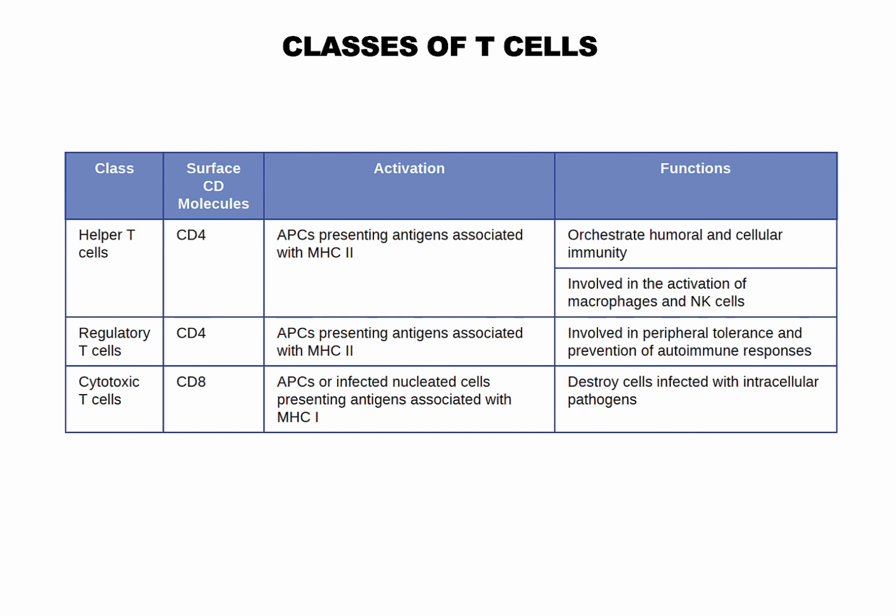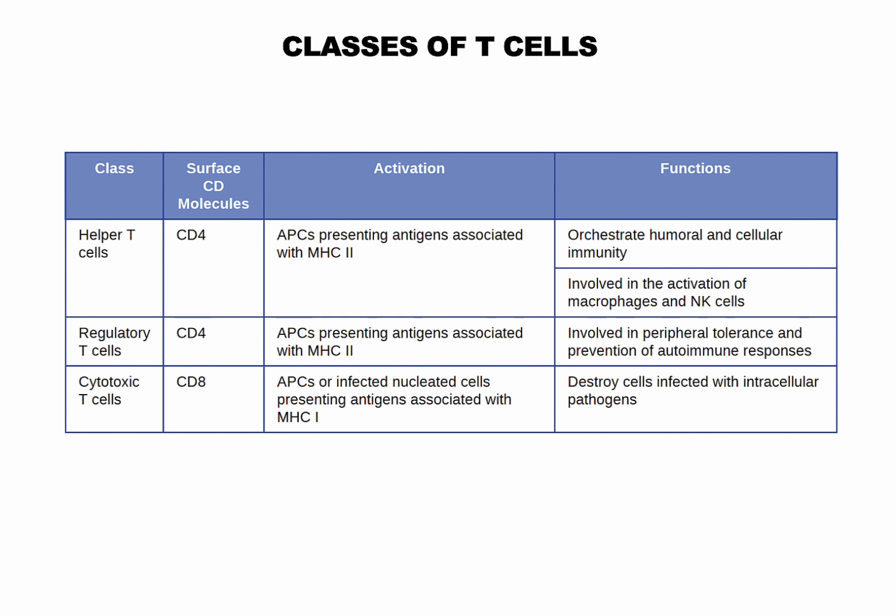Helper and regulatory T cells are activated by the APCs presenting antigens linked to MHC2, while cytotoxic T cells recognize antigen presented by MHC1. This difference in activation pathways underscores the distinct roles each T cell class plays in response to infections and managing immune responses.